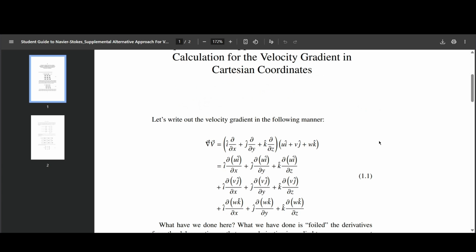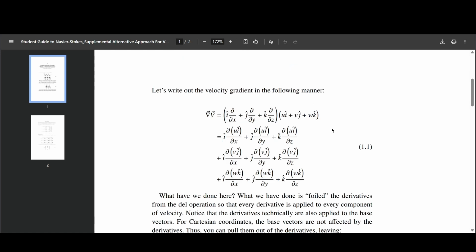So this is basically going to be velocities in the Cartesian plane. As you may already know from physics, a vector is basically just magnitude plus direction, and it entails little arrows.